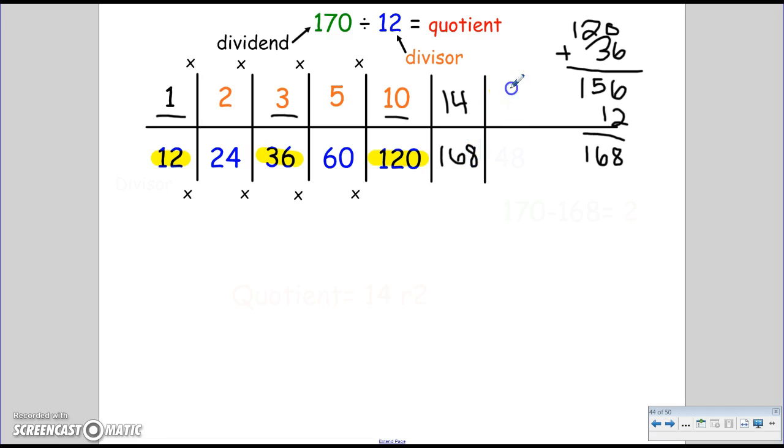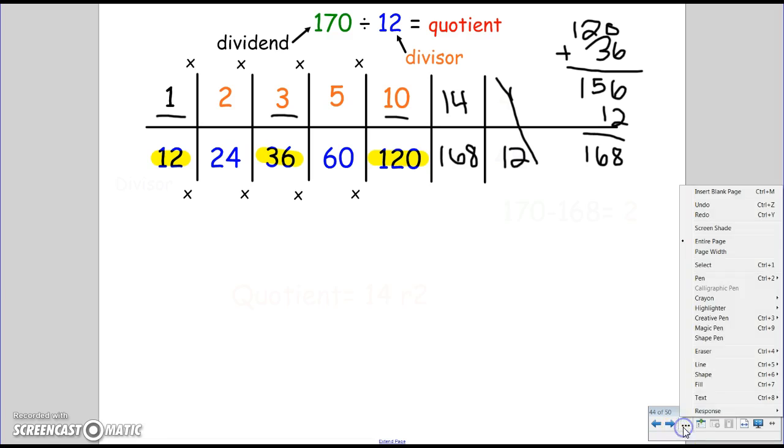If we were to add one more 12 onto 168 and combine these two numbers, we would reach a sum of 180, which would be too much. Using our ratio table, we have figured out that the closest we can get to 170 using the number 12 is with 14. 14 groups of 12.